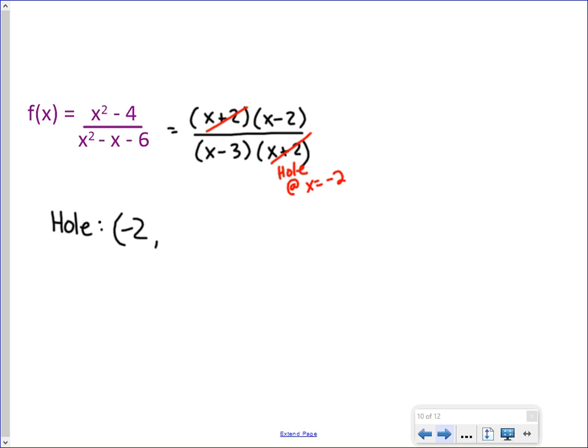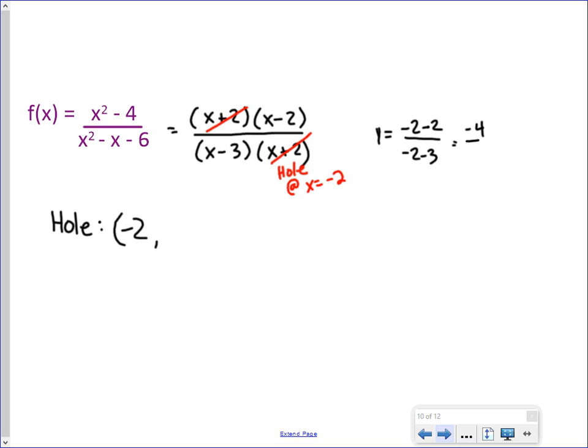I'll show you. So we need to find the y coordinate for our hole. You're just going to take this value, -2, and you're going to plug it into any factors that are left over. So y equals -2 minus 2 over -2 minus 3.